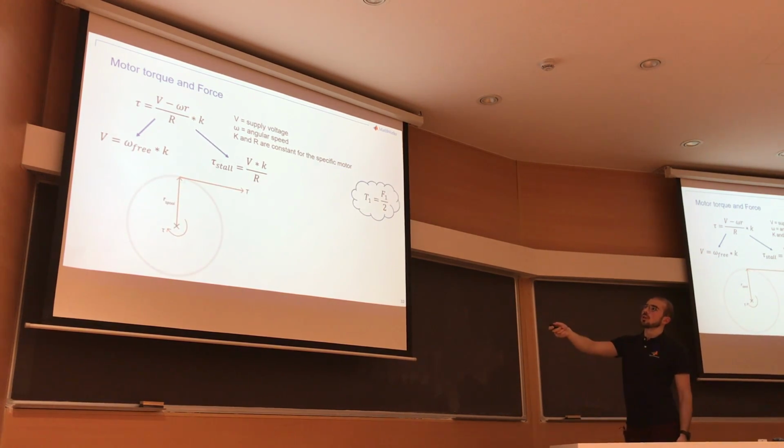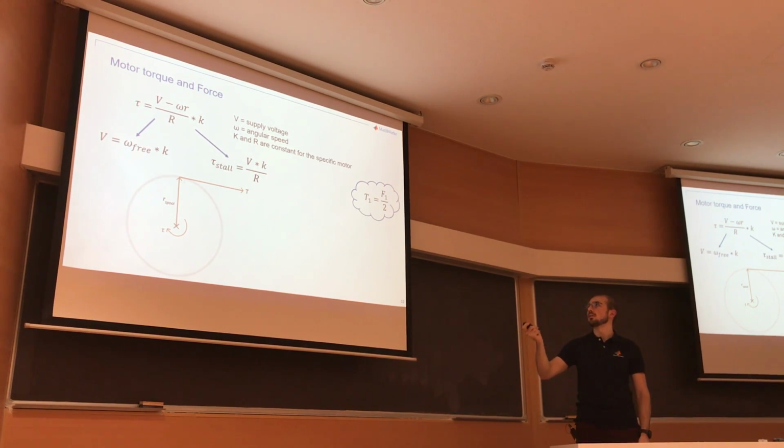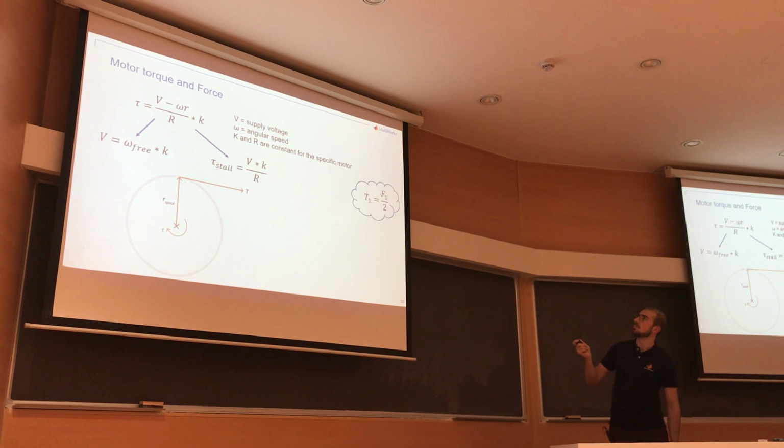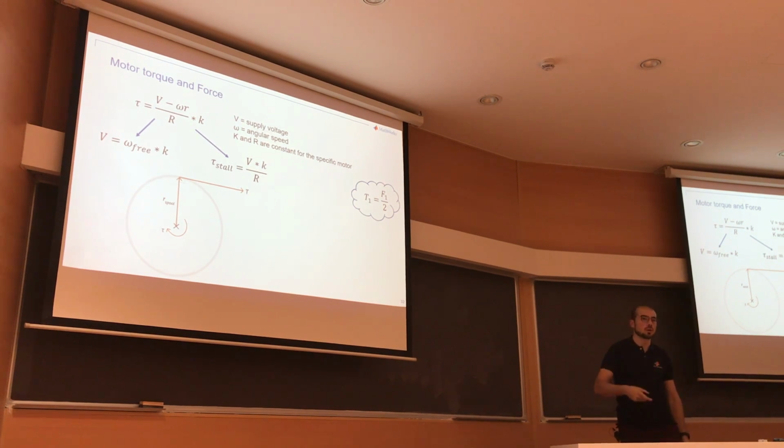As you can see here in this picture, we can project the tau that I just defined with this formula, with the radius of the spool, and then we can get the T. As I defined before, T is equal to half of the force that we defined in the other equation.